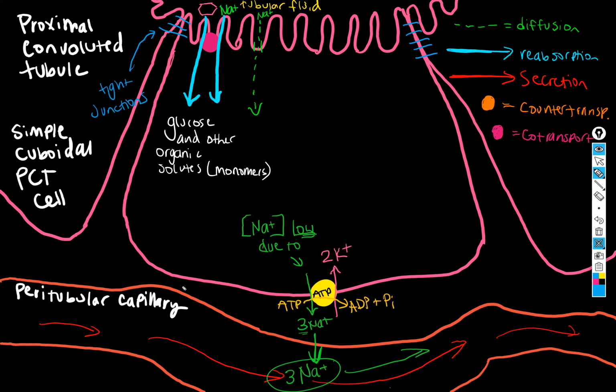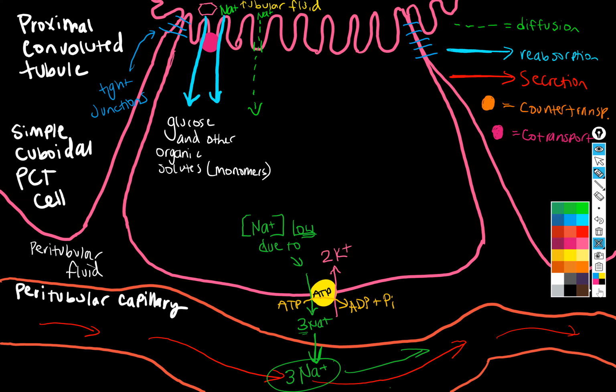And that also functions to keep the peritubular fluid separate and discrete, which means that its concentration of things will assist in the movement. So if I'm constantly co-transporting sodium with glucose and other organic solutes into the cell, that means the concentration of the glucose and organic solutes is going to be consistently higher than in the peritubular fluid, because ordinarily those organic solutes wouldn't be in there. There'd be no reason for them to be.